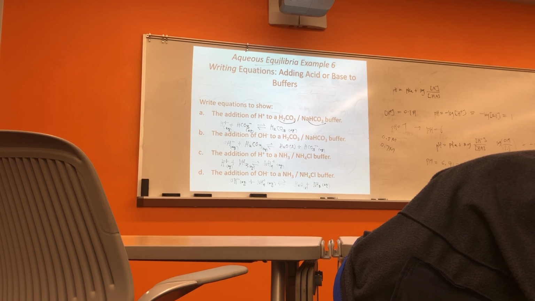So this is also a possible question. Because when you have a certain incoming acid or base component and you want to know how it reacts with the buffer, you should write down the reaction.